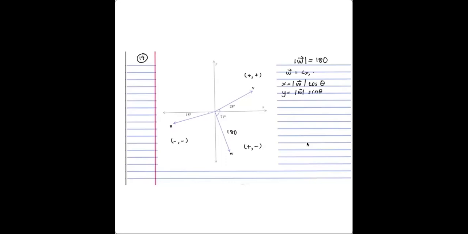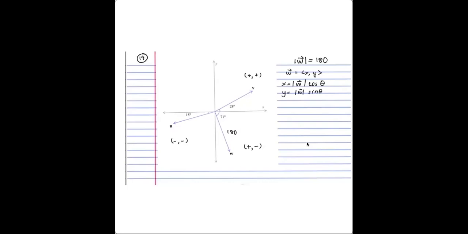So to find x and y, you would just take the cosine of the direction angle times the magnitude, and for y, the magnitude of the vector times the sine of the direction angle. And so let's go ahead and find each of the components for u, v, and w.